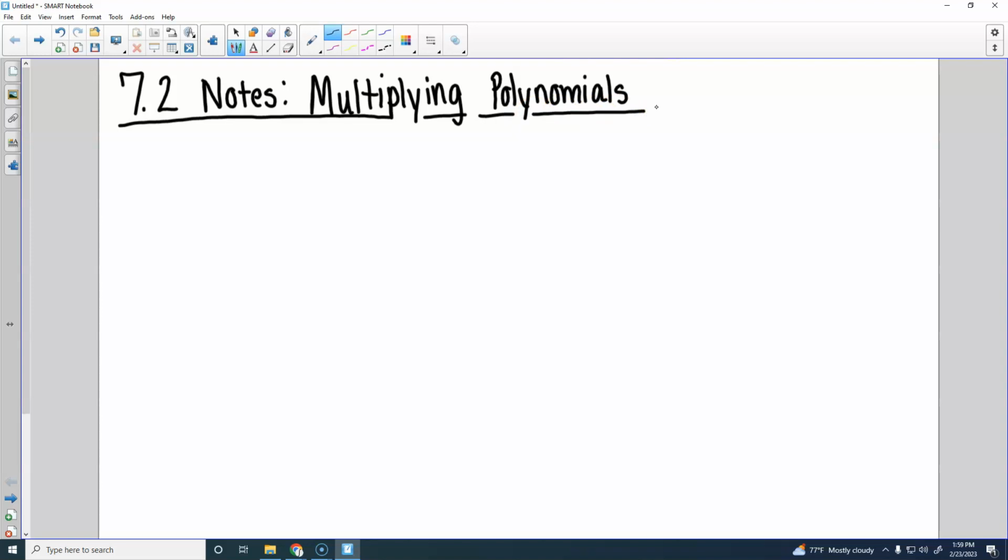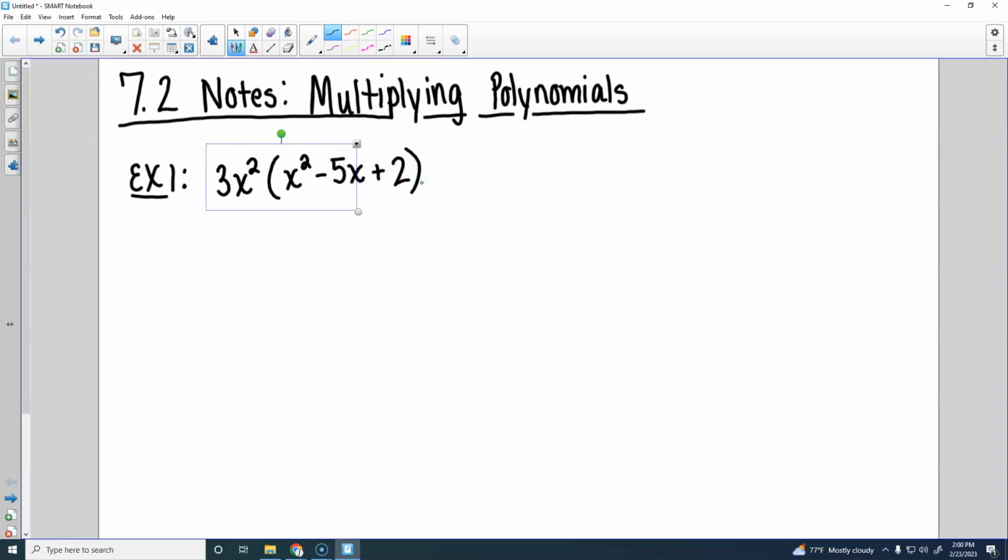Okay, so for the most simple type of multiplying polynomials you can have, it is going to be like we did on the warm-up. So it will be something like this, 3x squared times x squared minus 5x plus 2.